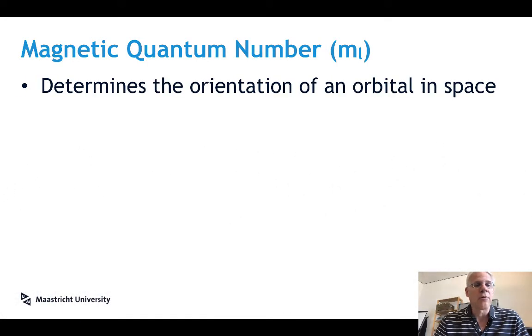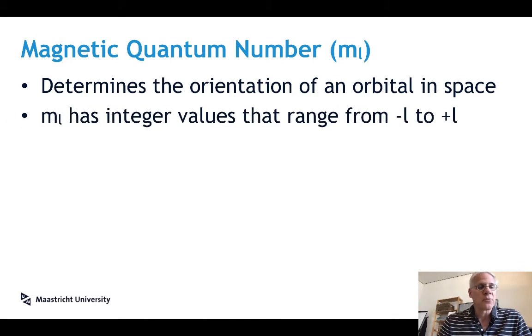Now we also have our magnetic quantum number. So we had N that determined the size, we had L that determined the shape, and M sub L determines the orientation of that orbital in space. Which way is it pointing?